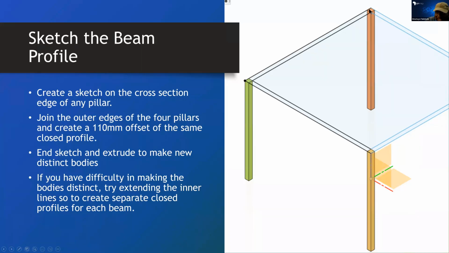This is another cross-section edge. You can use any of them as a starting point, and you join the outer edges together. If you join the outer edges together, you are going to have a closed curve, and that closed curve is very important. And then from there, you are going to do some offsetting, and after the offsetting, you will be able to create your walls and your fresh pillars. Let's go ahead and do that now, going back to Fusion 360.